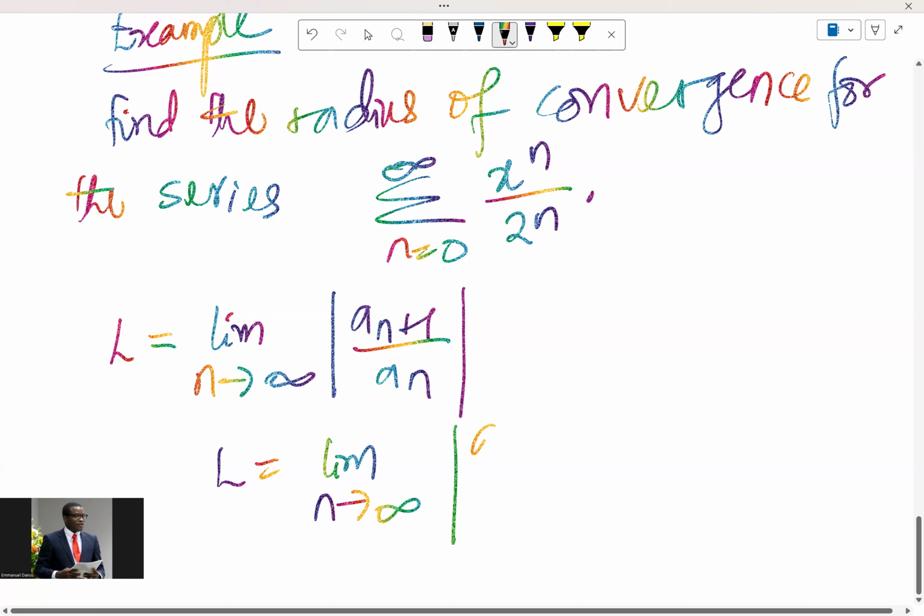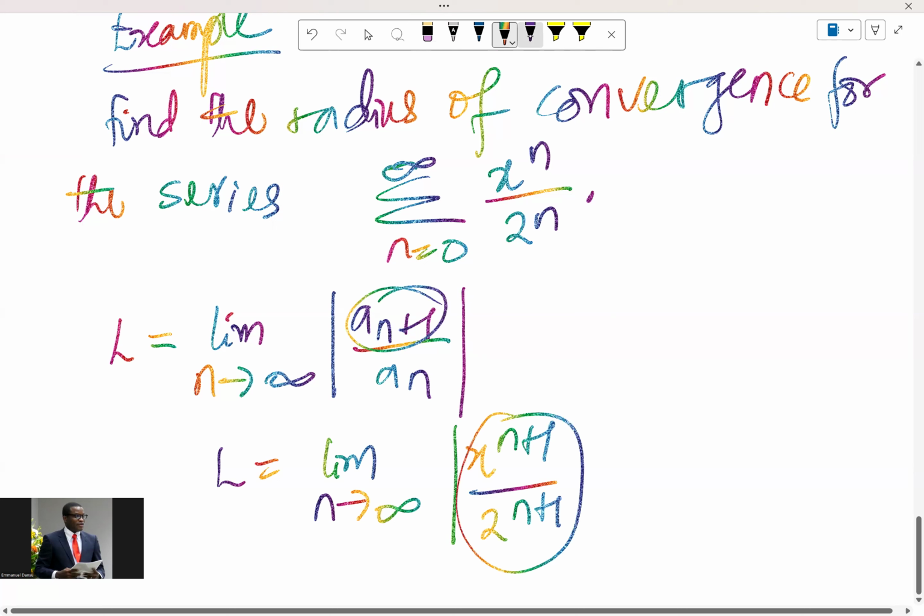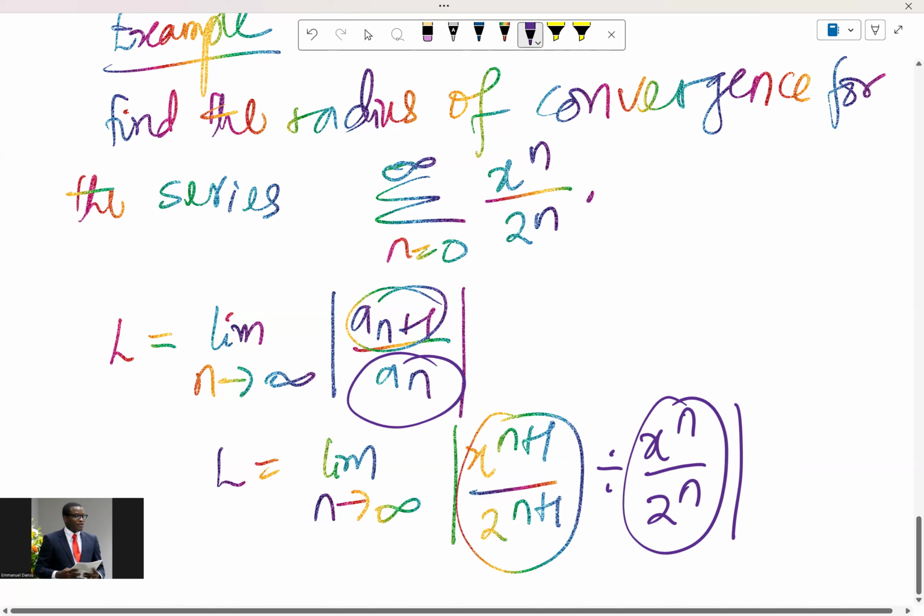So you have x^(n+1) divided by 2^(n+1), then of course divided by a_n. So a_n now is the original thing you had, x raised to power n all over 2 raised to power n.